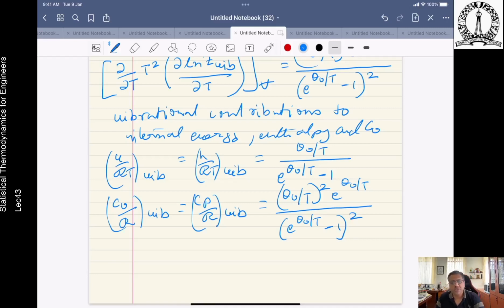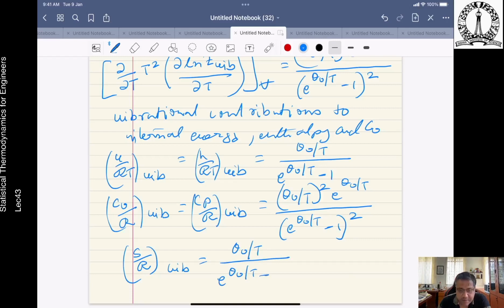For the vibrational contribution to entropy, S by R vibrational is equal to theta V by T divided by e to the theta V by T minus 1, minus ln of 1 minus exponential minus theta V by T.